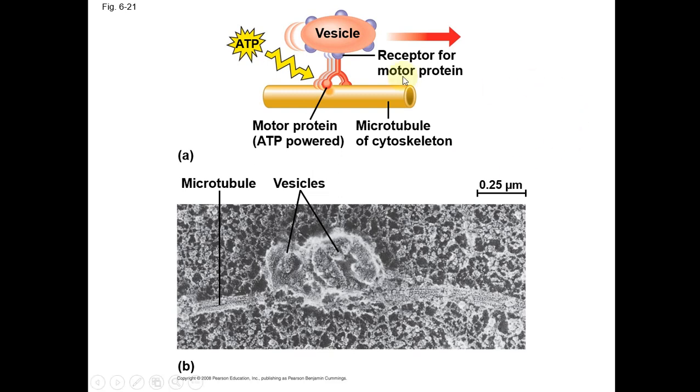Okay, so yan. So, 'di ba yung vesicles in an endomembrane system is transported from ER to Golgi to plasma membrane. It won't be transported without the help of motor protein and cytoskeleton.